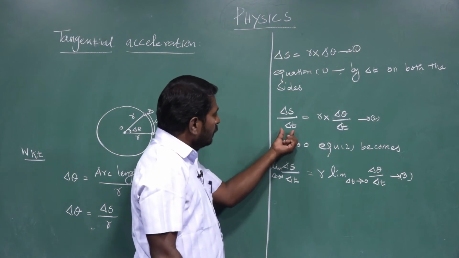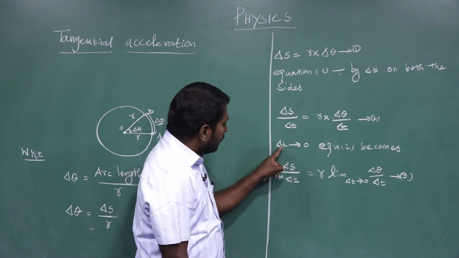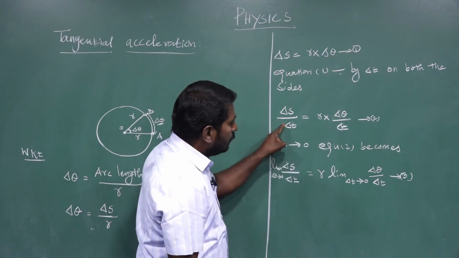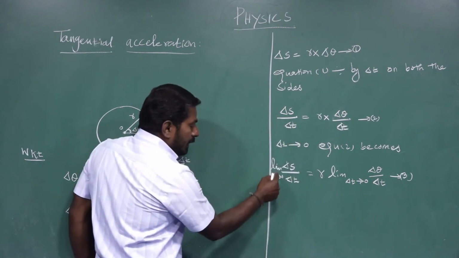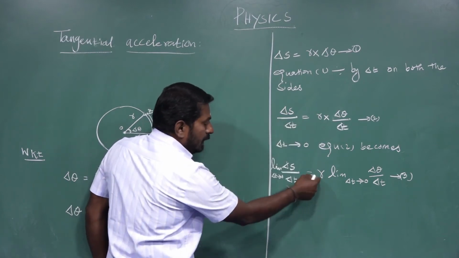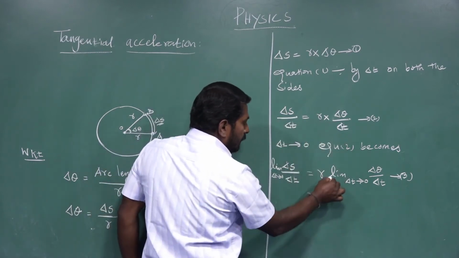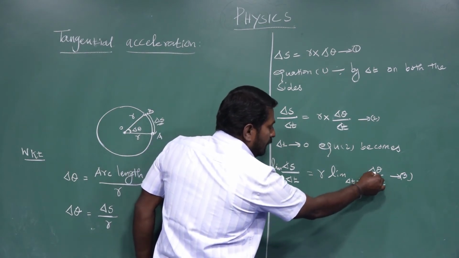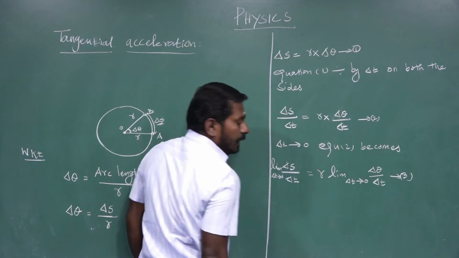So from equation 2, we take the limit as delta t tends to 0. What happens? Equation 2 becomes limit delta t tends to 0, delta s divided by delta t, equal to r into limit delta t tends to 0, delta theta divided by delta t.